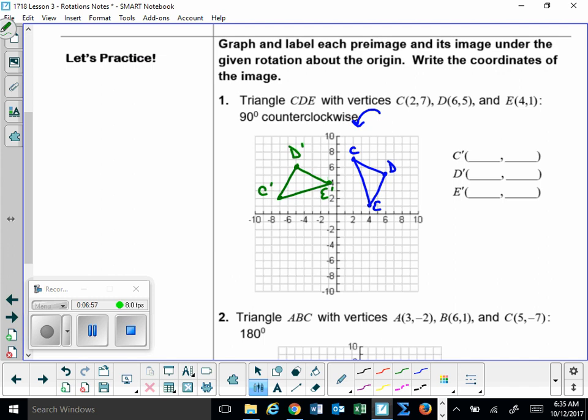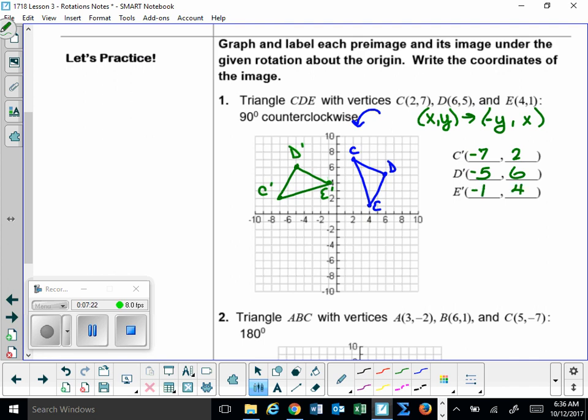If I do that using the rule, right, the rule says I take my ordered pair, I'm going to switch them, and in the second quadrant, the first number is negative. So negative 7, 2, yep, that matches what I graphed. Negative 5, 6, that matches what I graphed.